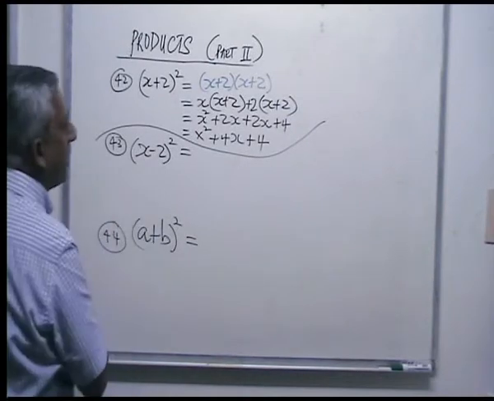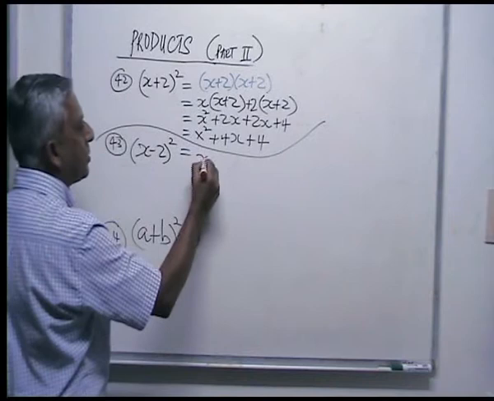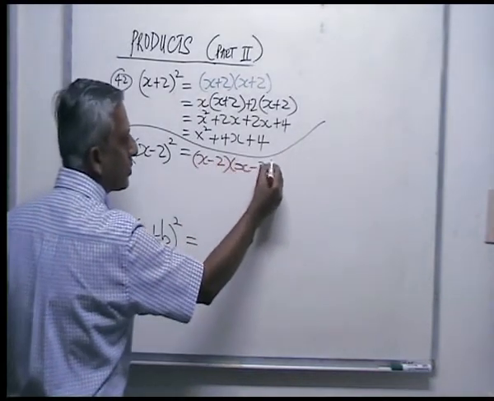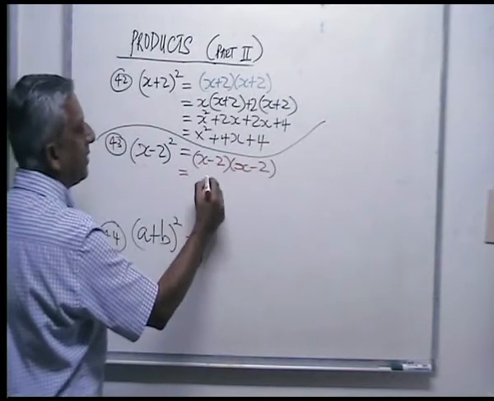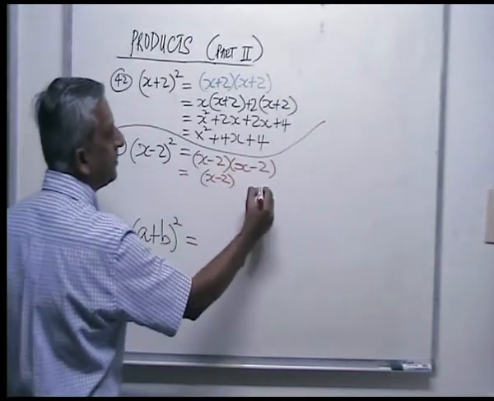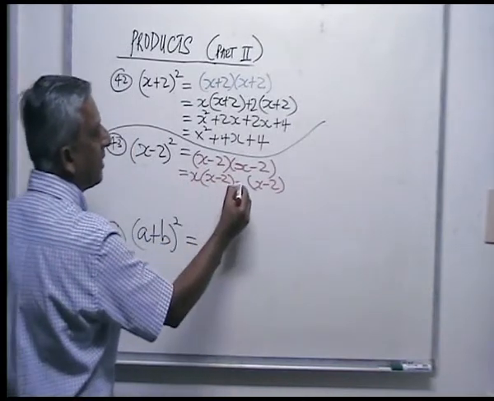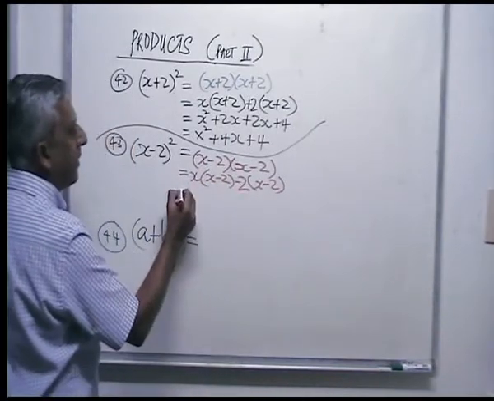You had x minus 2 all squared. So I trust you wrote x minus 2 into x minus 2, step 1. And then there's your x minus 2. There's your x minus 2. Write down x here and write down minus 2 here.